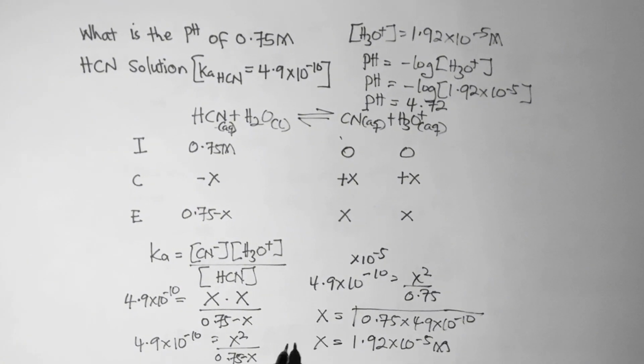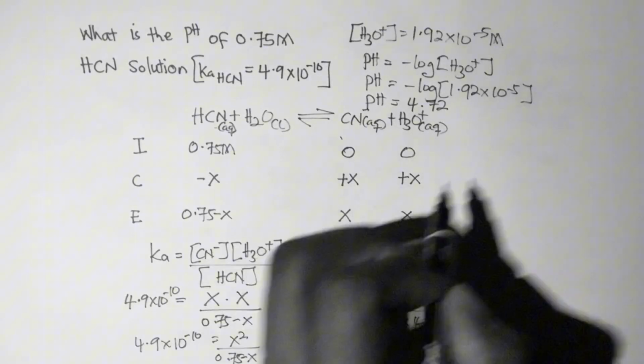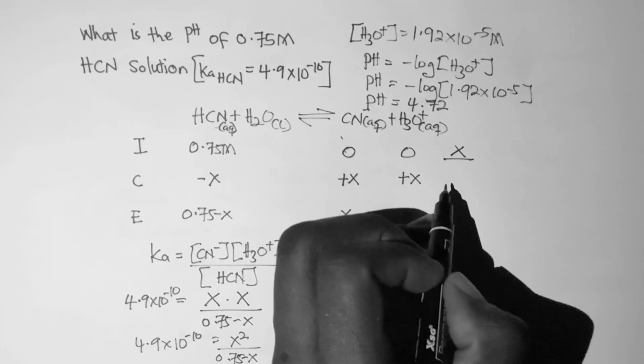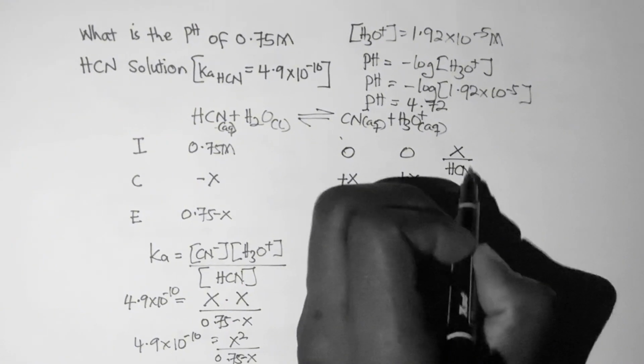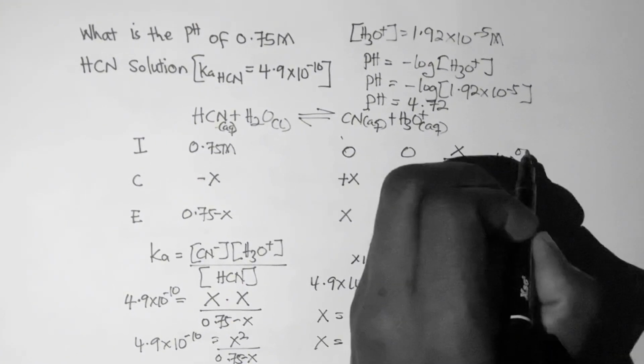Now let's check whether our approximation is right. So let's use the 5% rule. That is X divided by the initial concentration of HCN, then times 100%.